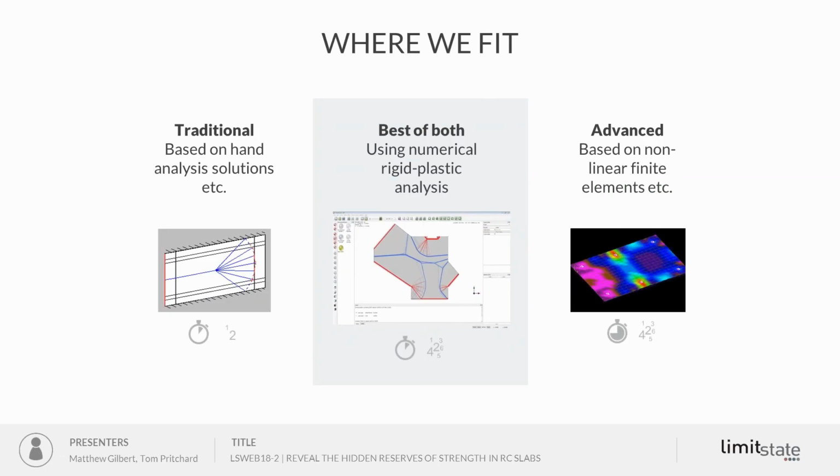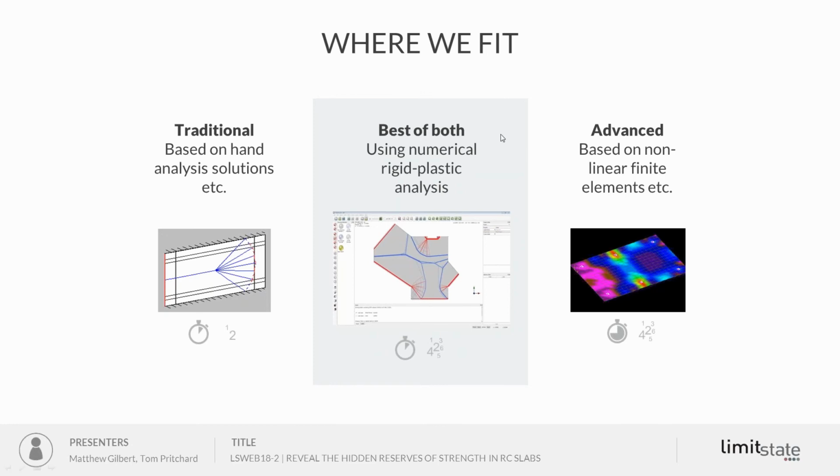Where does our software fit? It really sits between hand calculations, automated hand calcs in spreadsheets and simple software applications, and the much more powerful but also potentially cumbersome and time-consuming to use advanced methods, which might be non-linear finite elements, discrete elements, and a whole plethora of other tools.